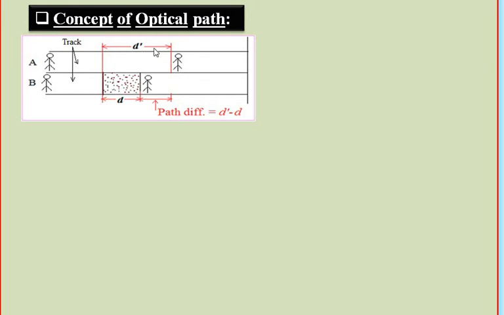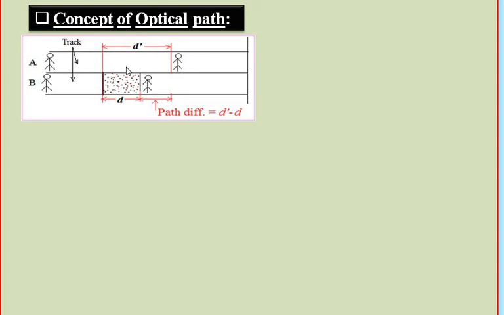So the more path is covered by the person A, and the difference between the two paths, that is the path difference, is equal to D dash minus D. If there is no disturbance in the path of B, he may cover the same distance as D dash, the distance covered by person A. So this is the optical path. D dash is the optical path of D.